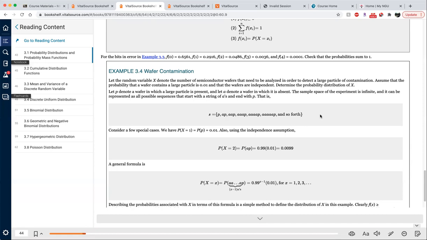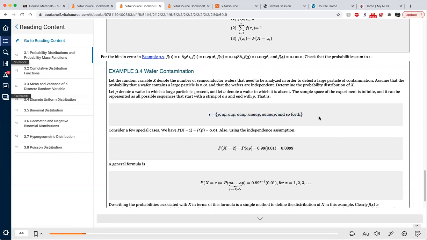So possibly we may get the large particle contamination in the first trial, or we may get it in the second trial, or third trial, and so on.